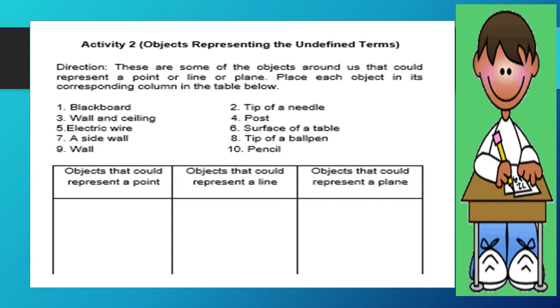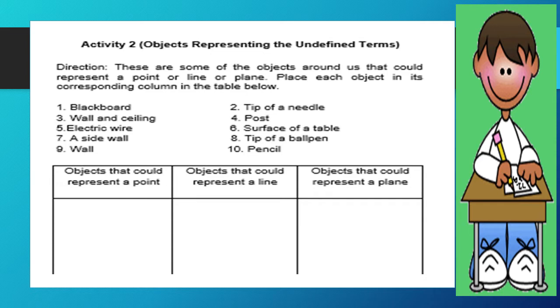Now, here's an activity. Objects representing the undefined terms is the title. What you are going to do, these are some of the objects around us that could represent a point or line or plane. Place each object in its corresponding column in the table below. First, blackboard.